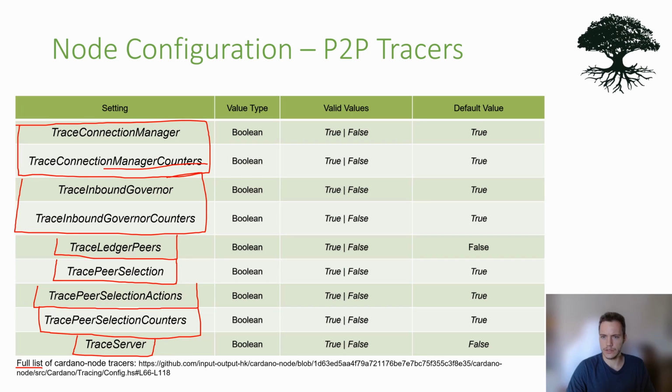Most of these are true by default, the ones that I've listed. So out of these that I've listed, only the trace ledger peers and the trace server are false by default. So if you want to see those logs, you'll have to turn those tracers on manually.